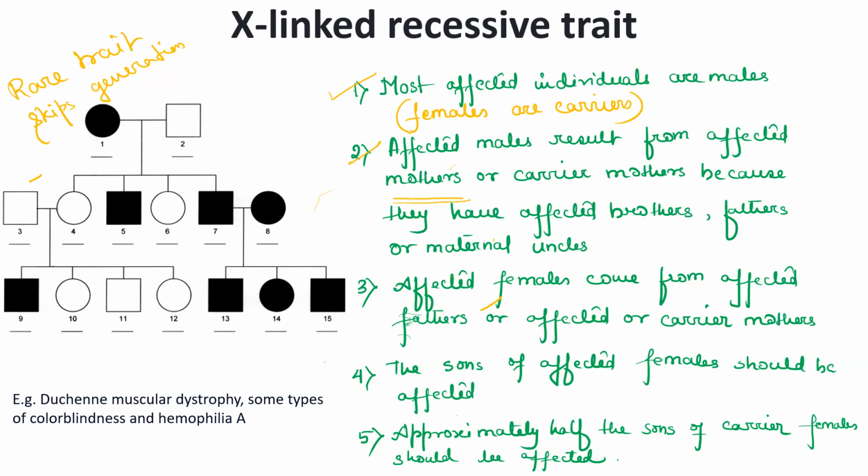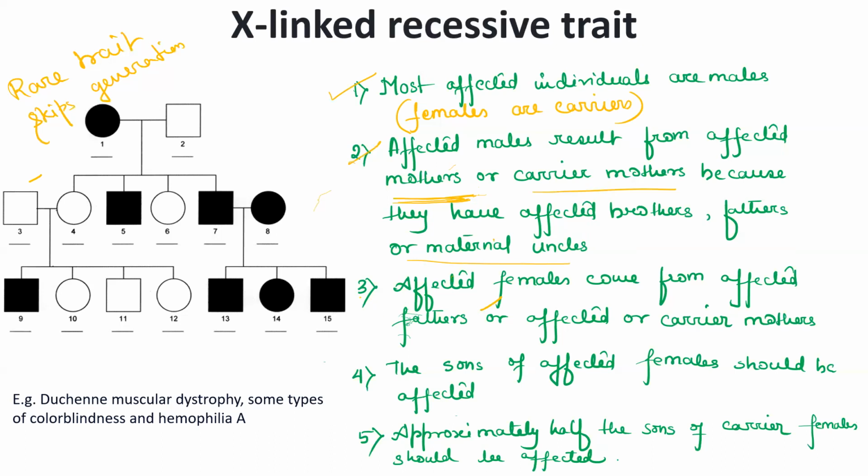Why? Because mothers have nothing other than X to give to her sons or daughters. So it will definitely give that affected X to the son. So affected males result from affected mothers or carrier mothers because they have affected brothers, fathers, or maternal uncles.